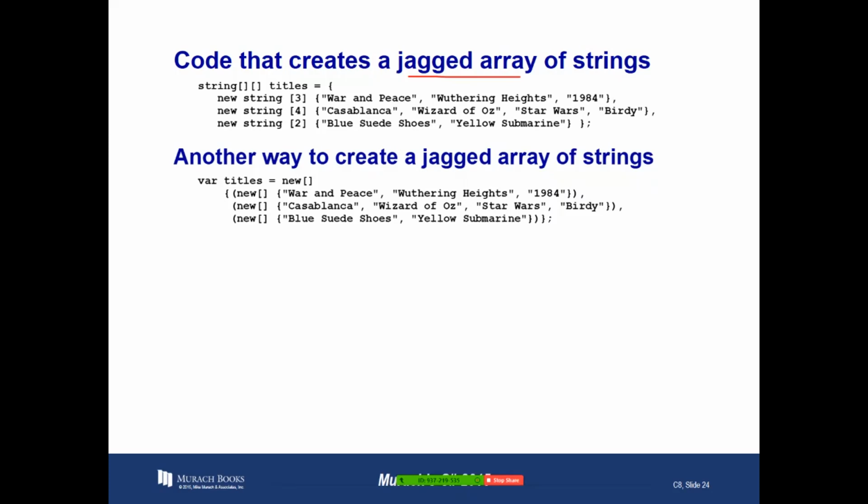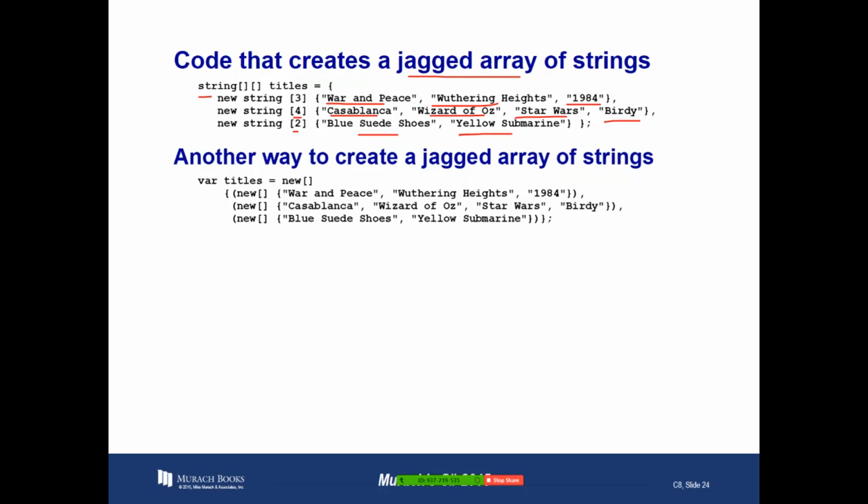So this first array has got this. Okay, this whole thing is an array. The first row has got 3 elements in its subarray, if you want to call it that. The second row has got 4. It's another array, it's got 4 elements in it, and then the third row has another array.